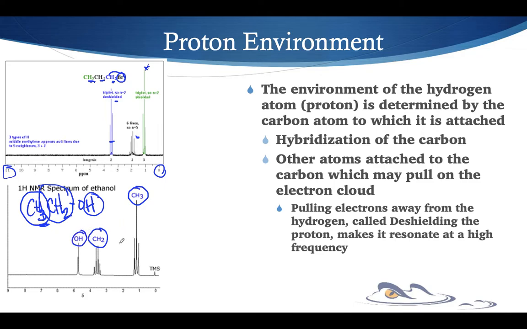So the environment is different because the hydrogens are attached to a carbon, and it has to do with what that carbon is attached to, because that is going to cause the disruption of the electron cloud and make it in a different environment. Okay, that's the way I'm using this word about proton environments.